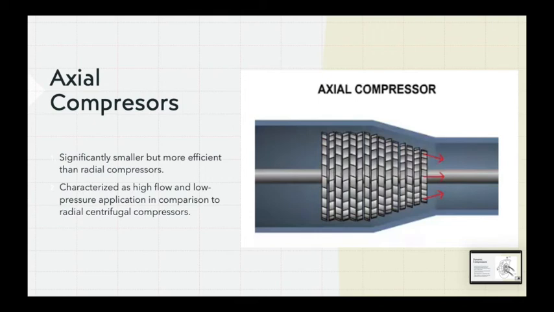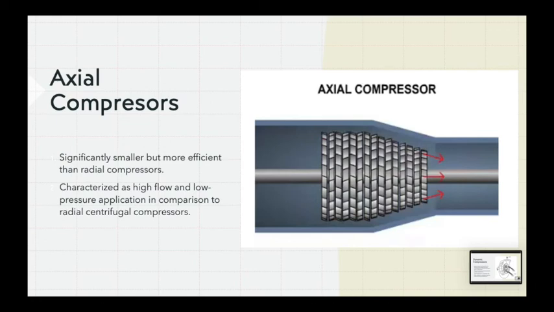The radial compressors are characterized in that, if you have to go for centrifugal or dynamic compressors only, and at the same time you require a higher pressure, then one should go for radial compressors.